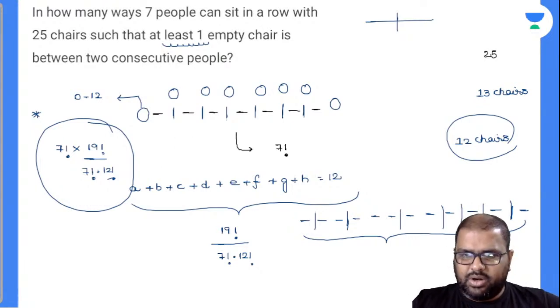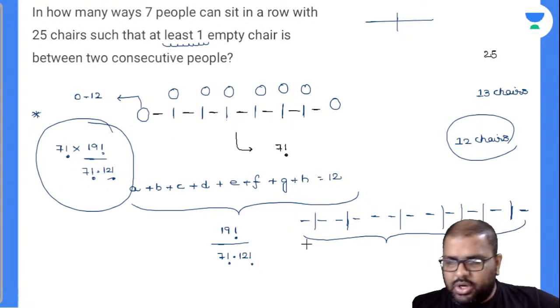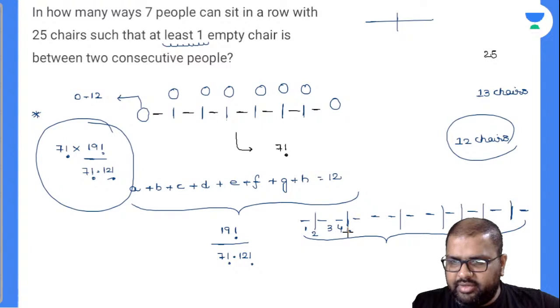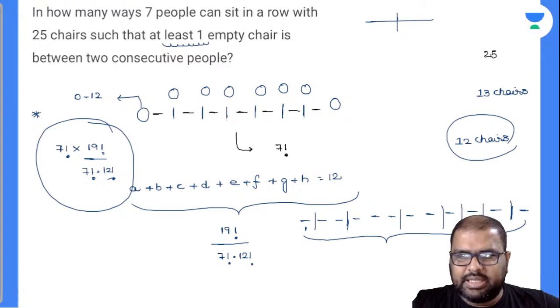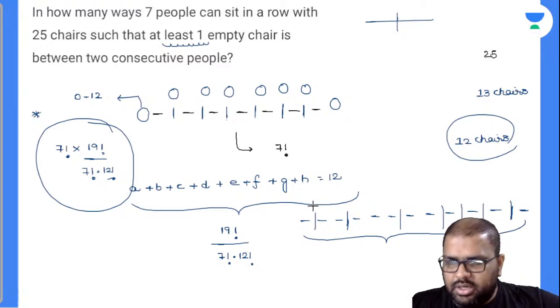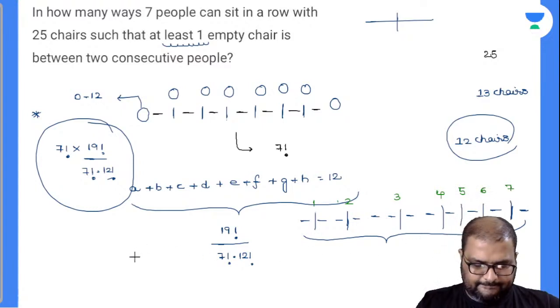So partitions are not fixed. They can also move. So how many slots are there automatically? Apart from the 12 chairs, how many partitions are there? 1, 2, 3, 4, 5, 6, 7. 7 partitions make 8 slots.